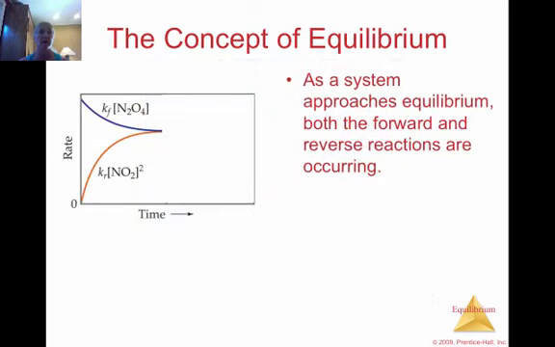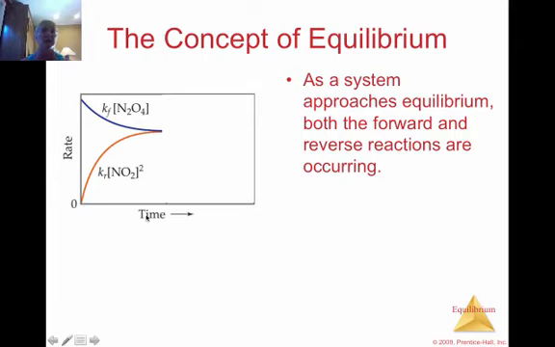Now what that meant was we started at the beginning with all of the N2O4, and at the beginning there was no brown NO2. So as the system approaches equilibrium, we start eating up the N2O4 and we start building up the amount of NO2.